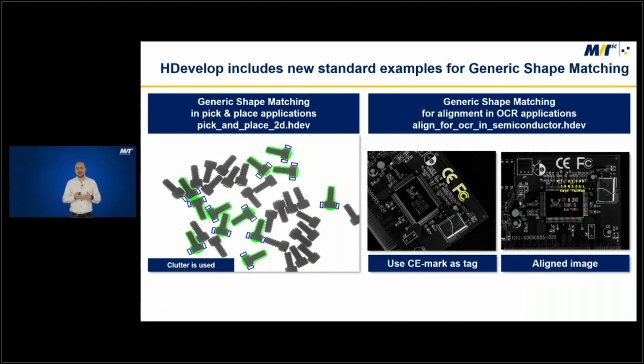And to make it even easier for you, we provided a new standard example in HALCON, which is called Pick and Place 2D HDEF, which shows exactly this example. Besides that, we added a new example for the generic shape matching to align OCR applications with the help of shape matching.